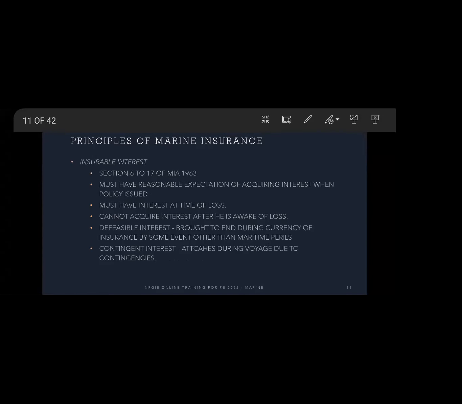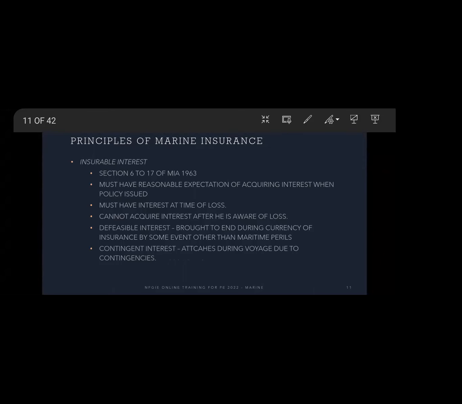Now we will move on to the next principle of marine insurance. It is dealing with insurable interest. It is mentioned in sections 6 to 17 of the Marine Insurance Act. What it mentions is that the insured must have a reasonable expectation of acquiring interest when the policy is issued.